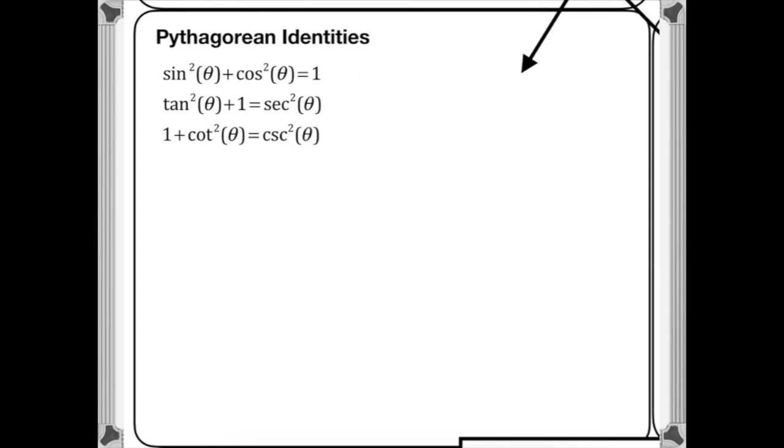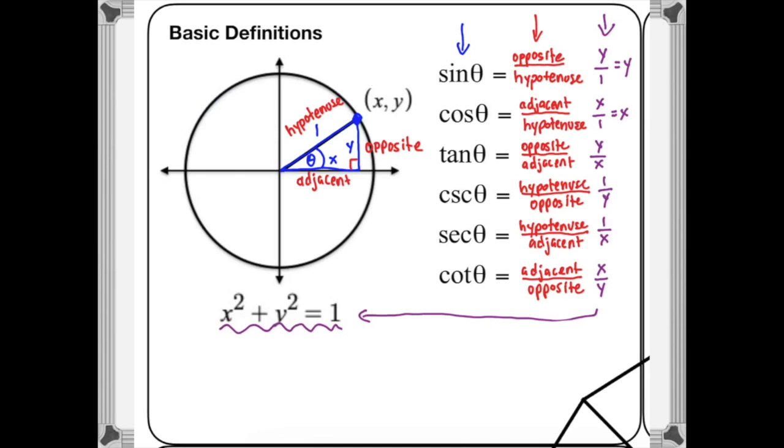Okay, so let's start proving this first identity and showing why sine squared theta plus cosine squared theta is 1. We're going to start with our equation of the unit circle. From there, we take those values from x and y and plug them in for sine and cosine.